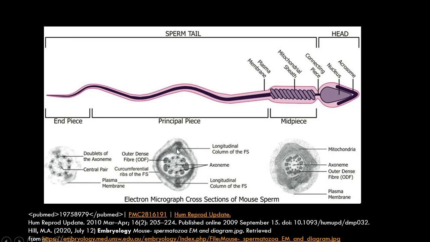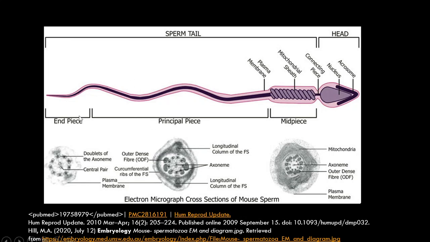Here you can see one C-shaped, one longitudinal column here and one longitudinal column here, and they are joined by these ribs. These are again the outer dense fibers as were present here, and inside again the 9 doublets and the 2 singlets.